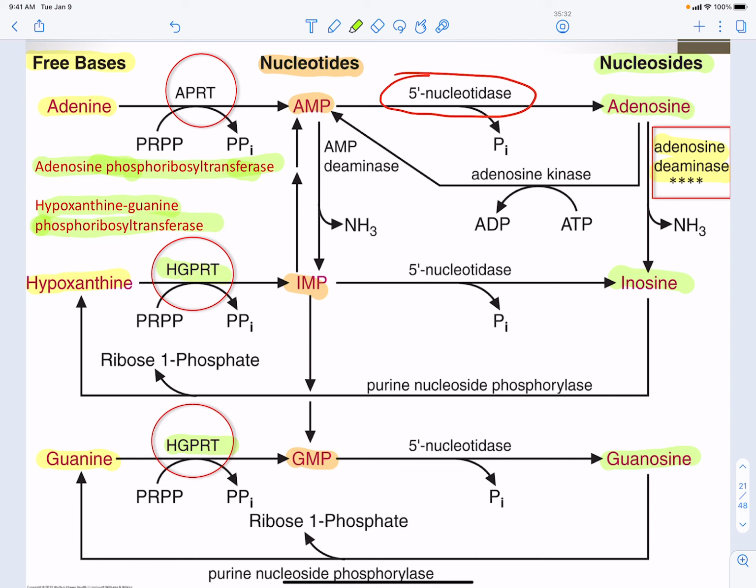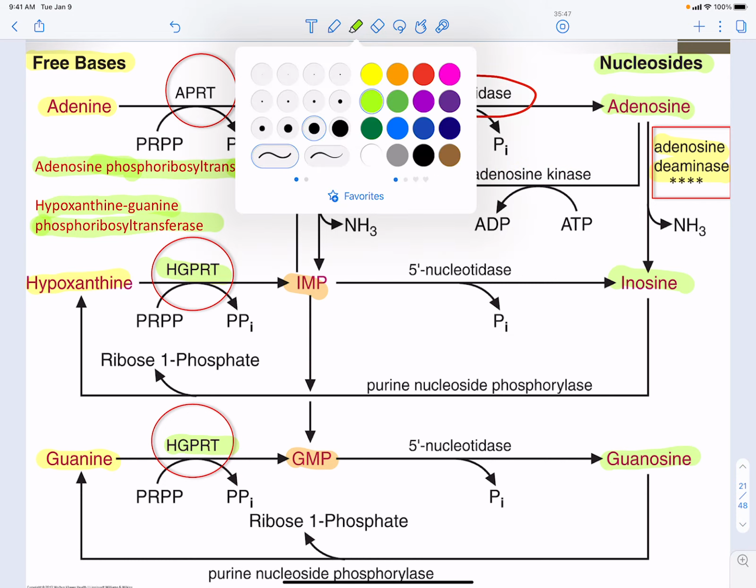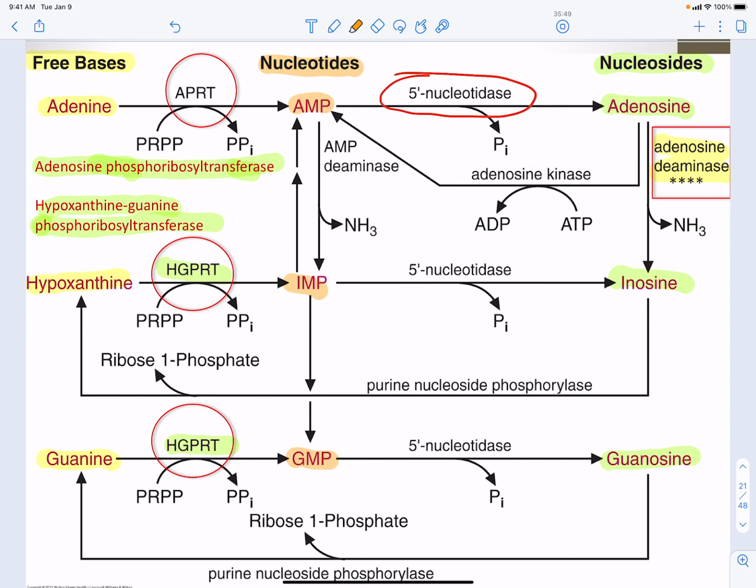And then you have different enzymes that will interconvert. So for adenosine, an adenosine kinase can regenerate AMP. For AMP, you have AMP deaminase, and that can lead to IMP.